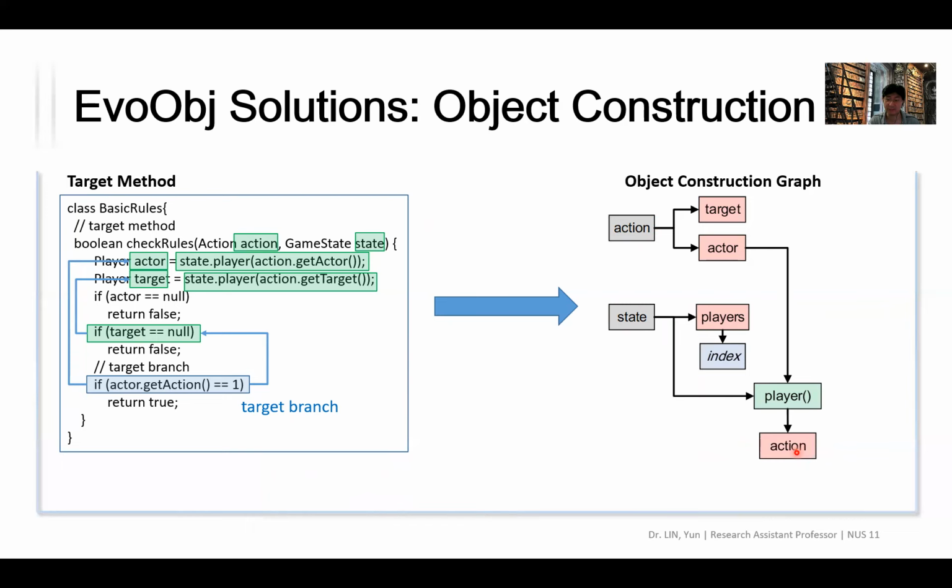Those state variables include class fields, array elements, and global variables. And the structure between the variable nodes indicates how we can construct a state variable which is relevant to covering a target branch. For example, in this path, we can construct the action by first having the returned object by calling the player method of the state object, and then taking the action field from the returned object.